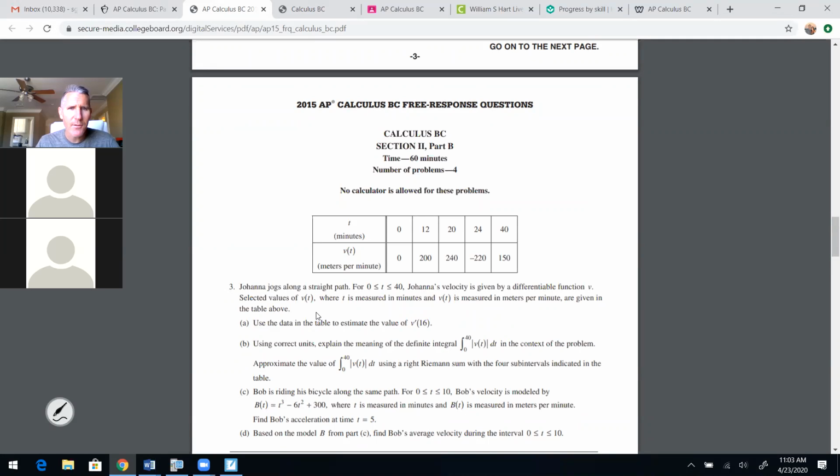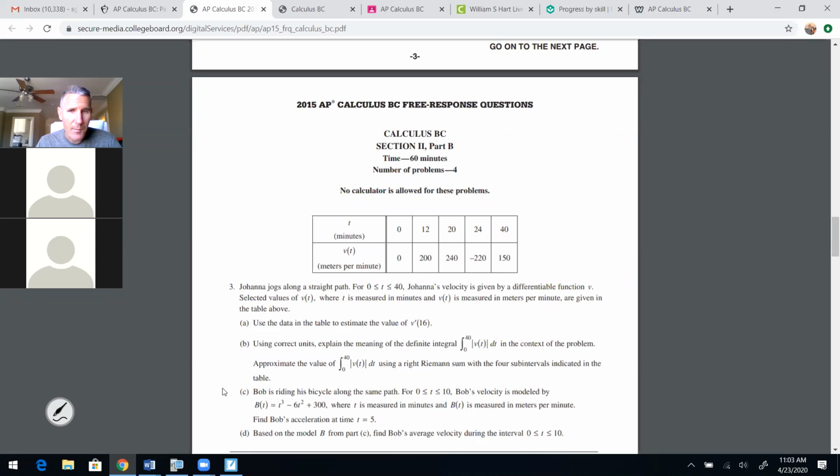Okay, so we have Johanna jogs along a straight path between 0 and 40, and her velocity is given by differentiable function v, which is right here. Selected values of v of t, where t is measured in minutes, and v of t is in meters per minute.